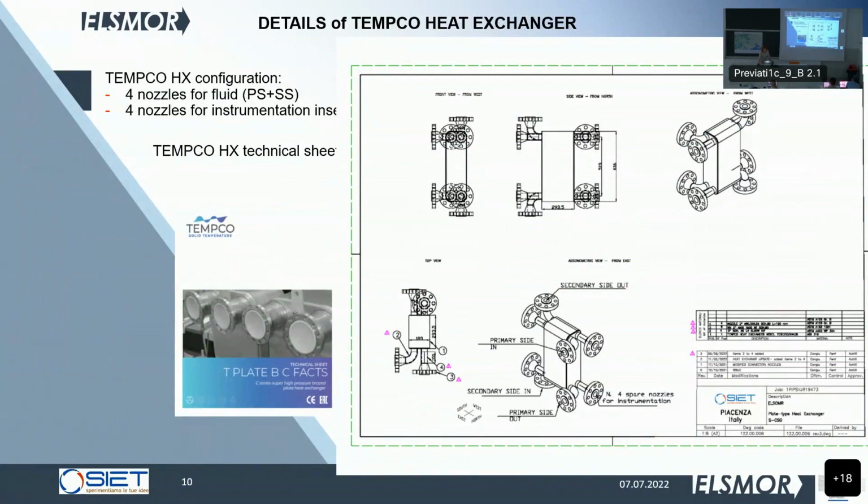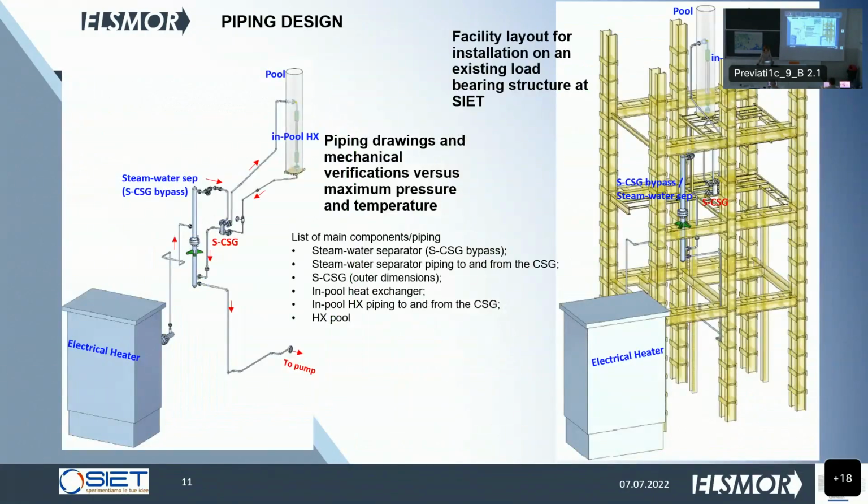So this is a drawing that has been given to the shop to proceed with the manufacturing. And here we have the data sheet of the component that includes all the data that are useful for us to proceed.